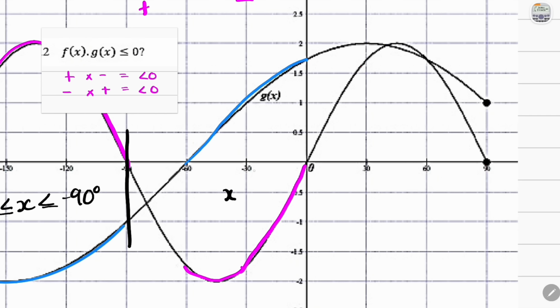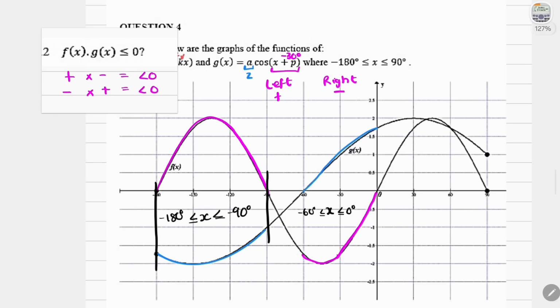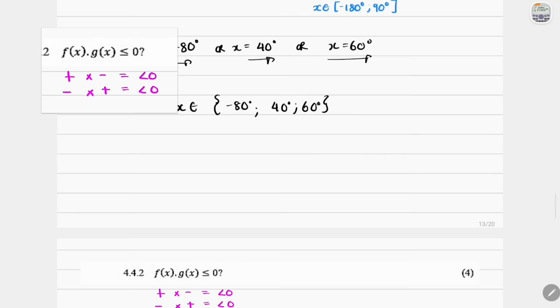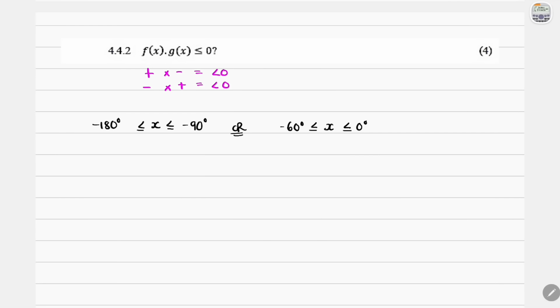So this is where x is greater than or equal to negative 60 degrees, but less than or equal to 0 degrees. Because we can see that the graph of f at 0 degrees has a y value of 0. So 0 times whatever that y value is still 0. And this is where this works. Between these. So we're just going to put those answers down. And these are our answers.